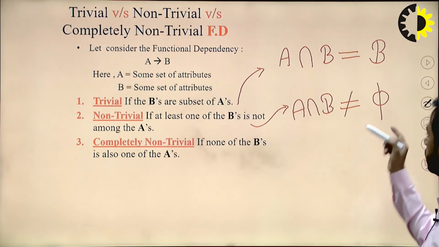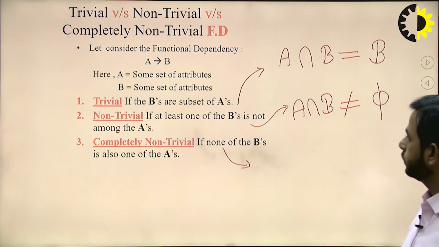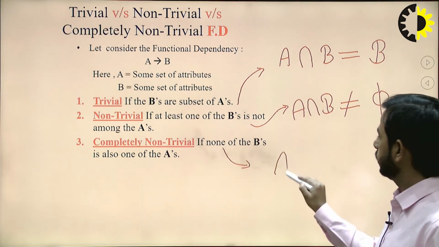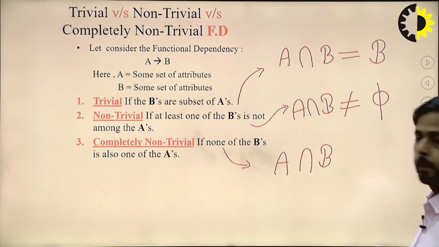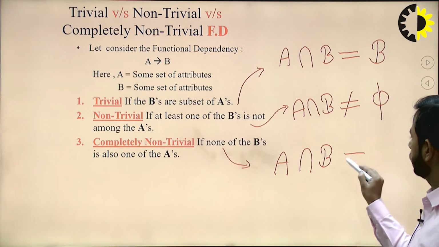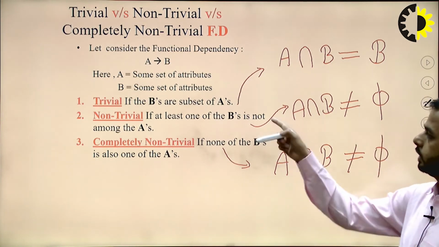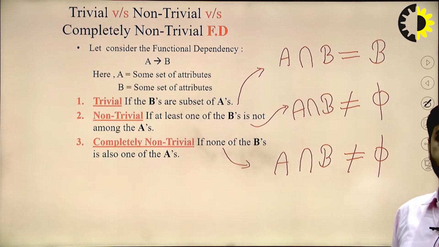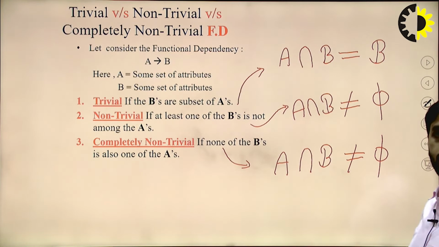There is some attribute common. In non-trivial there is at least one attribute which may be common, so this is also not null.